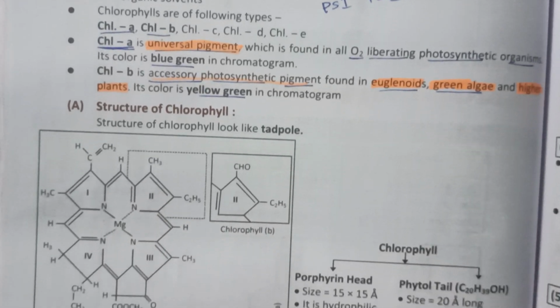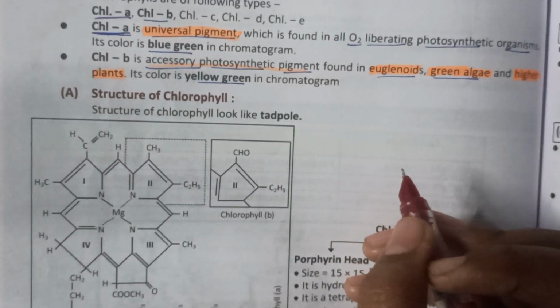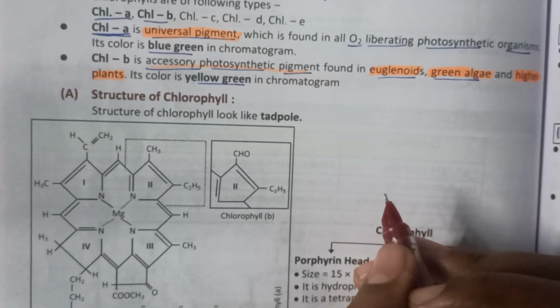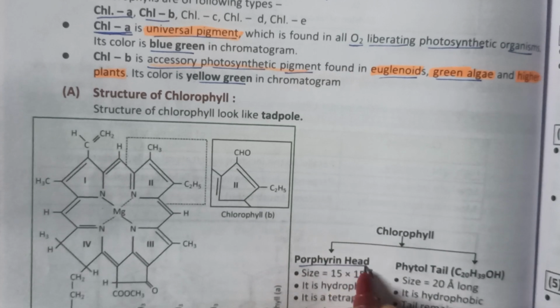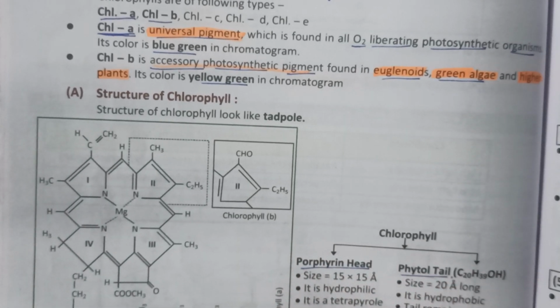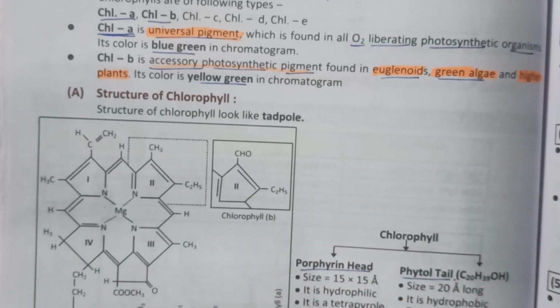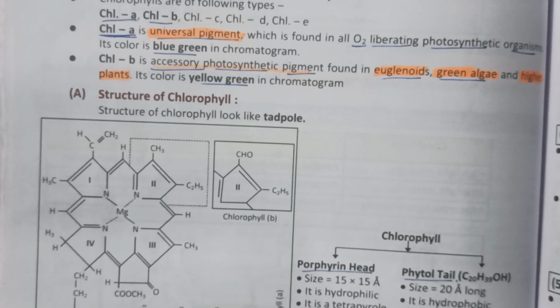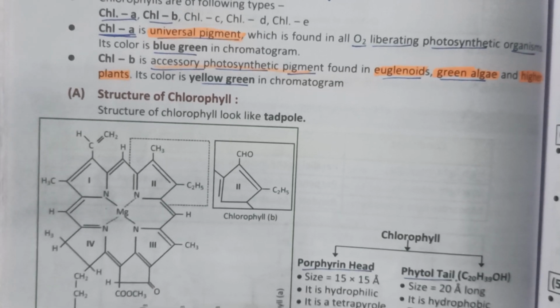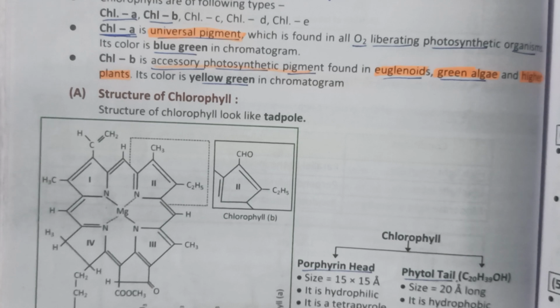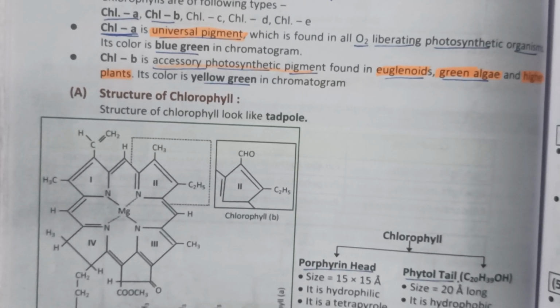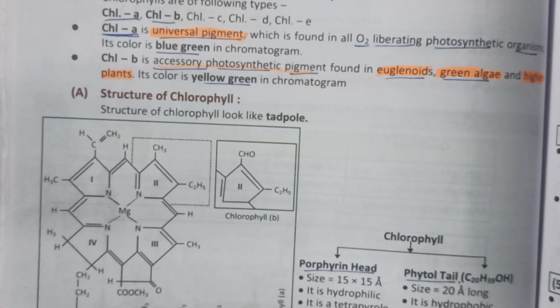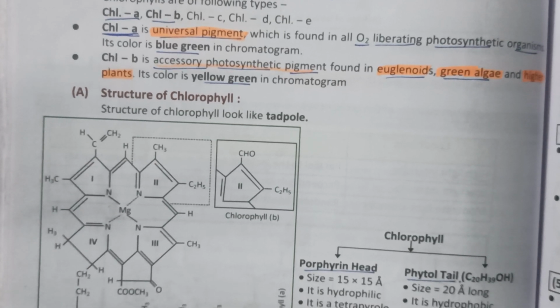So this is the general structure of chlorophyll, and it looks like a tadpole. This chlorophyll has a porphyrin head and a phytol tail. Chlorophyll A has a methyl group in the second position, and chlorophyll B has an aldehyde group in the second position of the pyrrole ring.